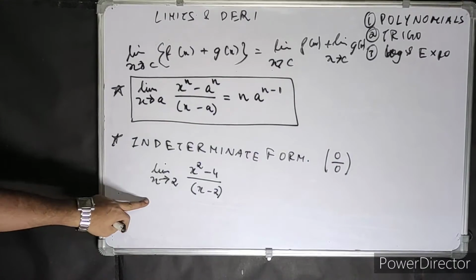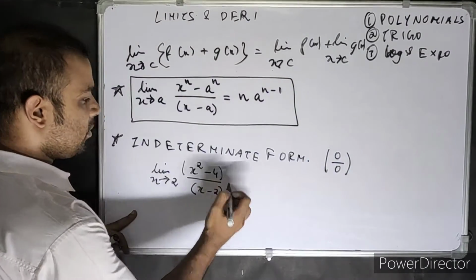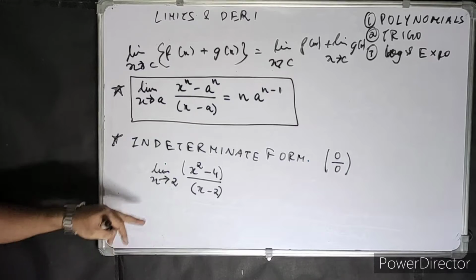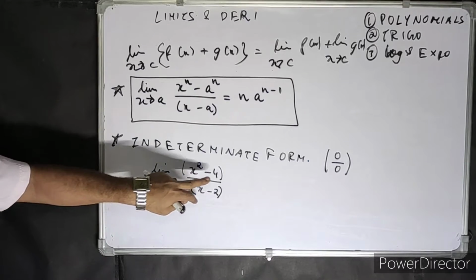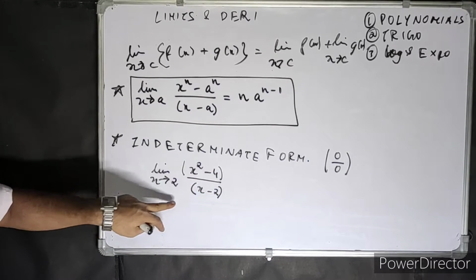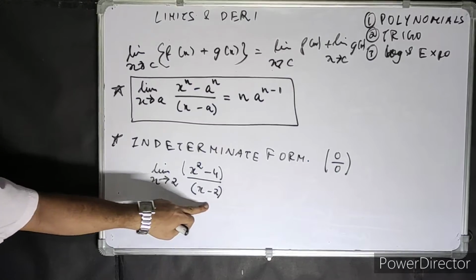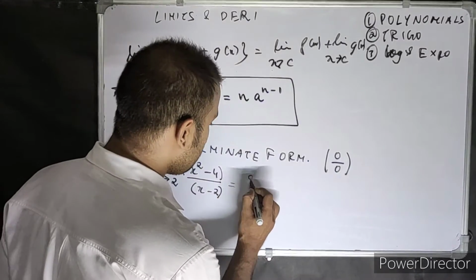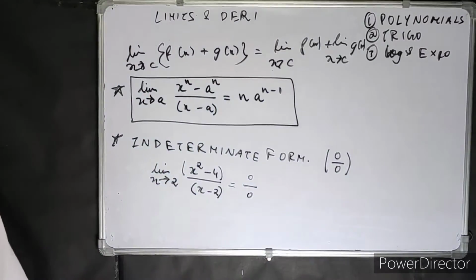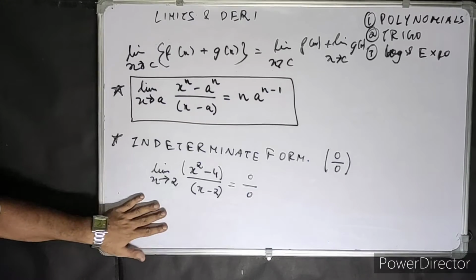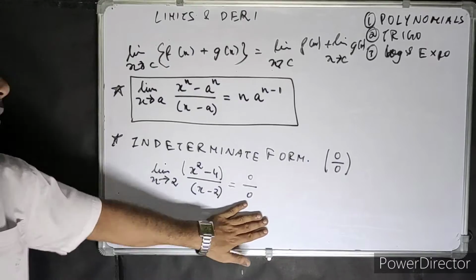Although this can be solved further, if you put 2 here you get 4 minus 4, a 0, and if you put 2 here you get 2 minus 2, 0. So you're getting it in a 0 by 0 form. This type of form is an indeterminate form, which means you cannot find the value unless you solve further.